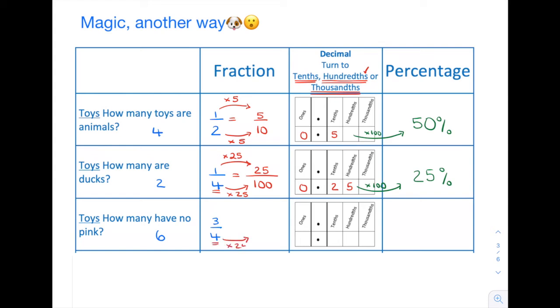So multiply 4 by 25 and 3 by 25. 3 25s are 75. 4 25s being 100, so you've got 75 100ths. Putting that in the columns gives you 0.75 as before. Multiplying by 100 to give you the percentage, gives you 75%.